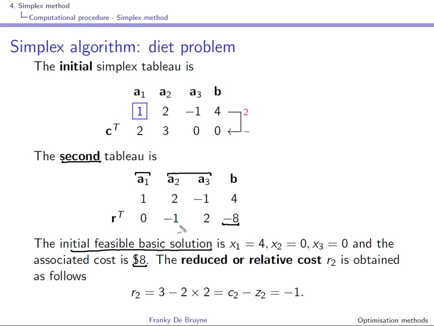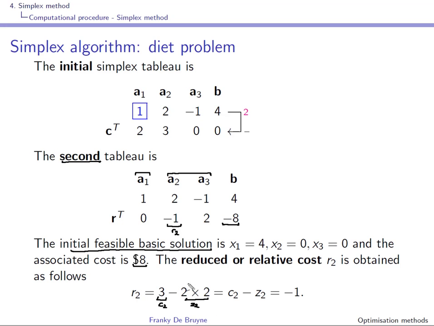And you can see here that R2 is constructed from, well, it's 3, and this is really C2, and then we subtract 2 times 2, and in this case this is the Z2 that we had in the previous slide.